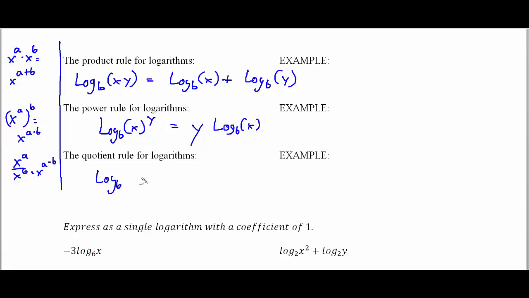If I have log base b of x over y, then this is log base b x minus log base b y. So you can see side by side that multiplication of a logarithm is addition. The power of a logarithm is moving that to the front, so I would want y of those. And the quotient, or division, will end up as subtraction.